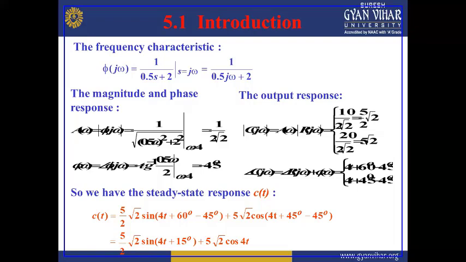So we have the steady state response c(t) equal to 5 by 2 root 2 sine of (4t plus 60 degrees minus 45 degrees) plus 5 root 2 cos of (4t plus 45 degrees minus 45 degrees). Hence we will finally get the output response as 5 by 2 root 2 sine of (4t plus 15 degrees) plus 5 root 2 cos 4t.